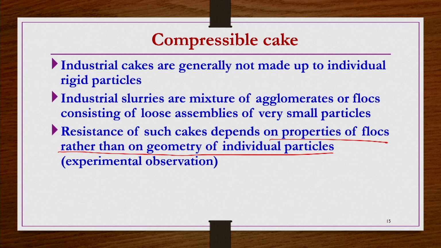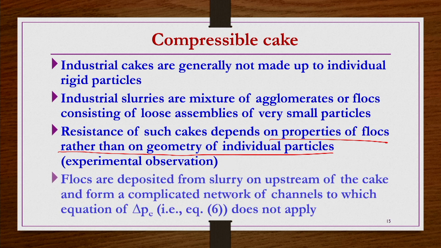Okay. So, in the previous case, the incompressible cake, alpha is a function of particle properties, like size of the particle and voidage of the bed, etc. But in reality, the cake resistance of industrial cakes depends on the properties of flocs rather than geometry of individual particles.